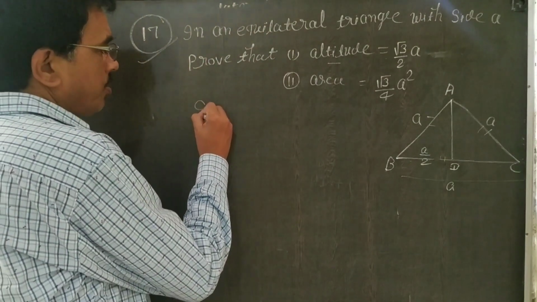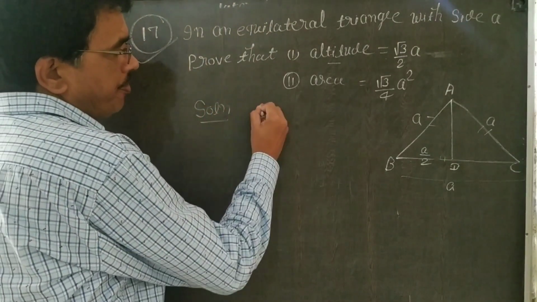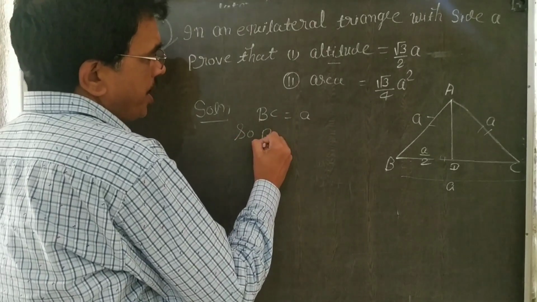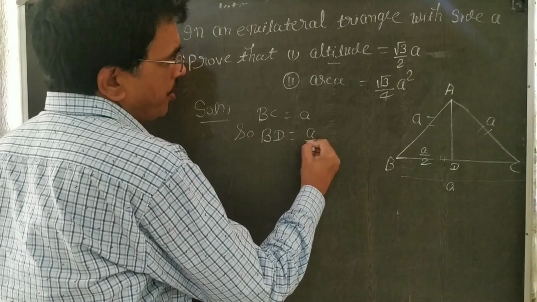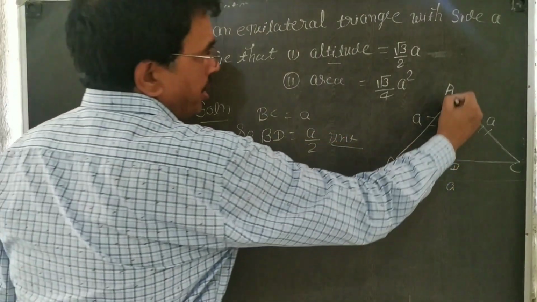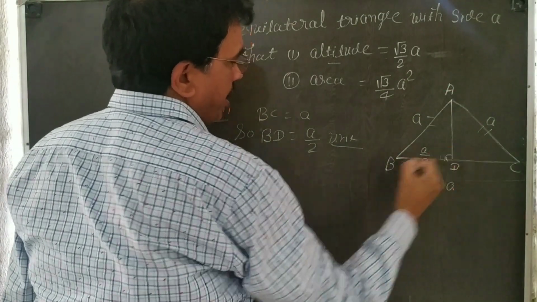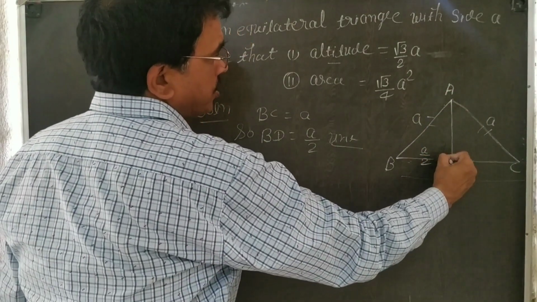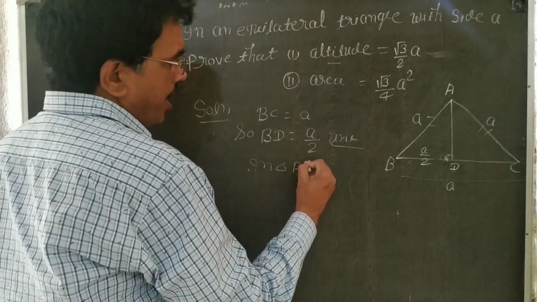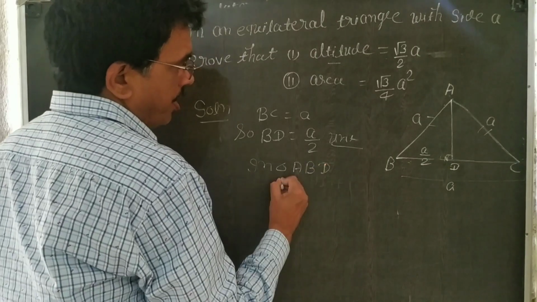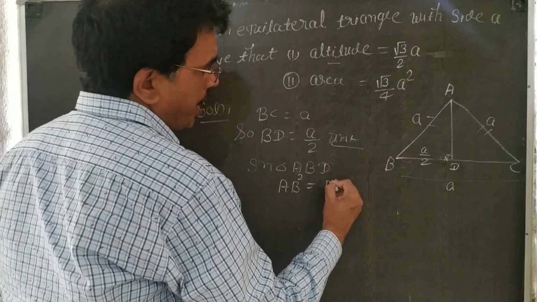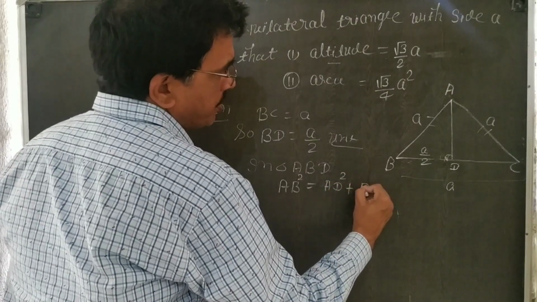So now write the solution: BC is equal to A, so BD is equal to A by 2 unit. In triangle ABD, AD is perpendicular to BC, so AB is the hypotenuse. So we write in triangle ABD, AB square is equal to AD square plus BD square.